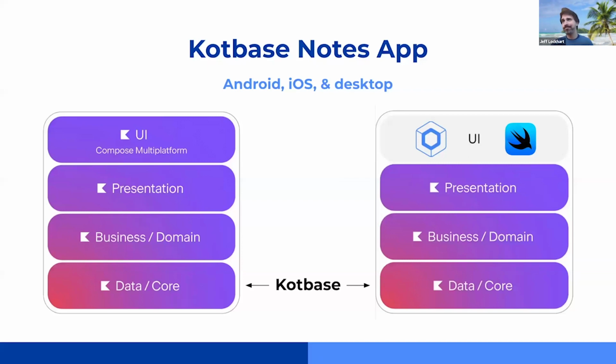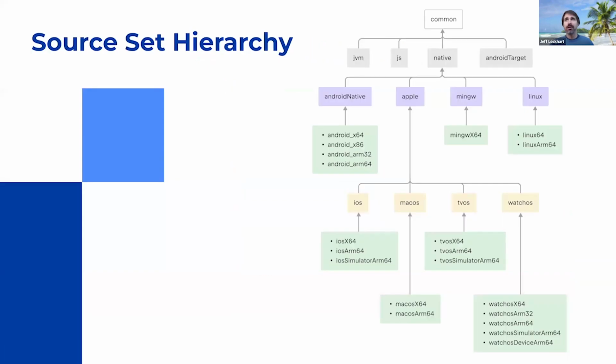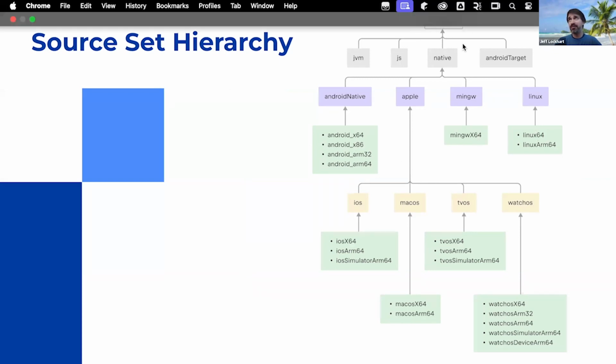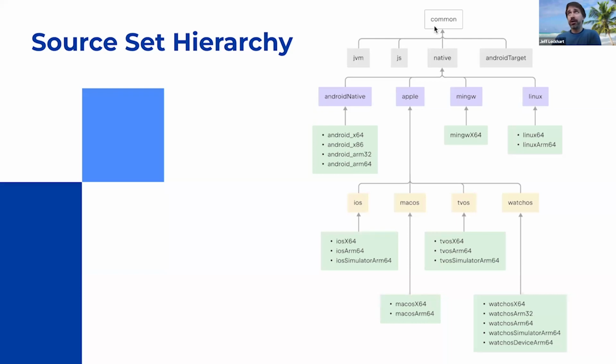So one of the things to be familiar with the way Kotlin Multiplatform works is you have this concept of source sets. And this is how you are able to share common code with different platform targets. At the top of our hierarchy here, we've got our common source set.